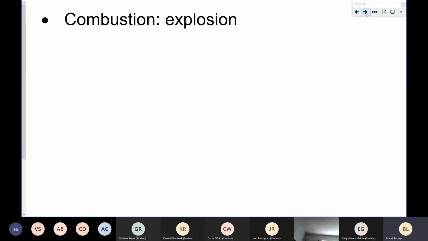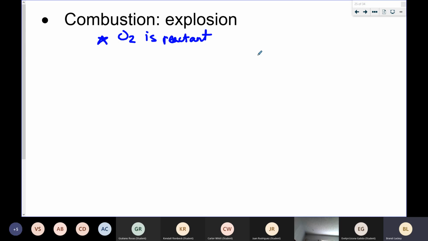Okay. And then our last type of reaction were the combustion reactions. These are going to be those explosions. With combustion reactions, you have oxygen as a reactant. There are reactions that could be listed as synthesis or combustion if oxygen's a reactant.